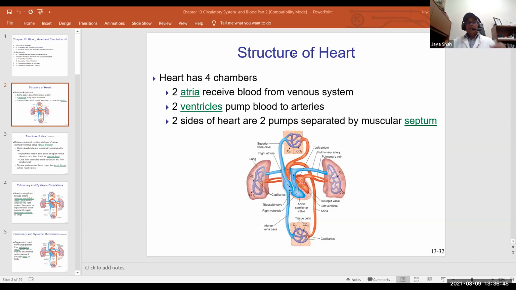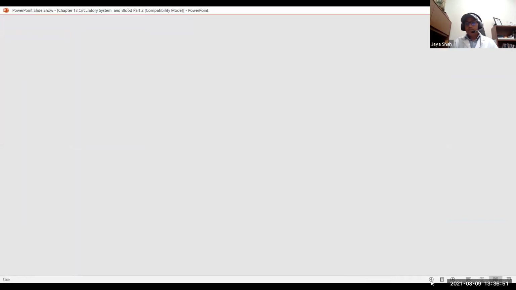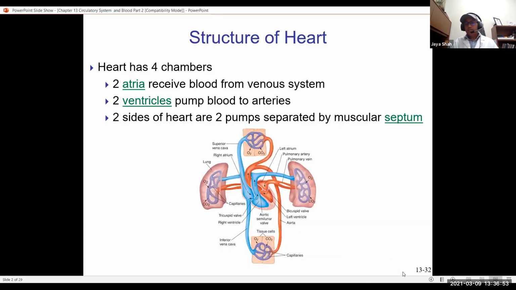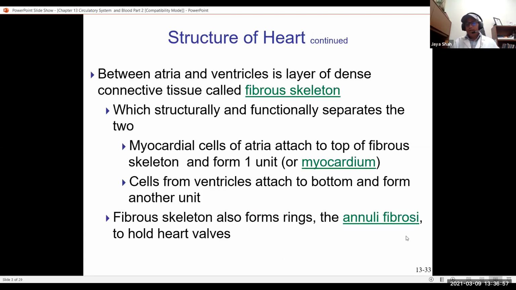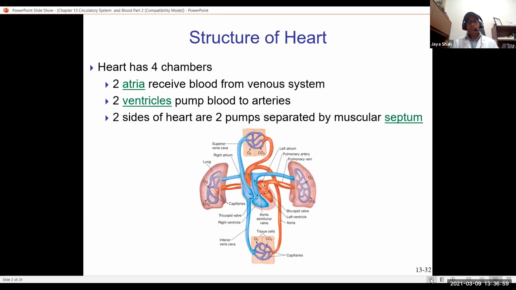Okay, now in the diagram you can see here, this is the upper one: right atrium, left atrium, right ventricle, left ventricle.